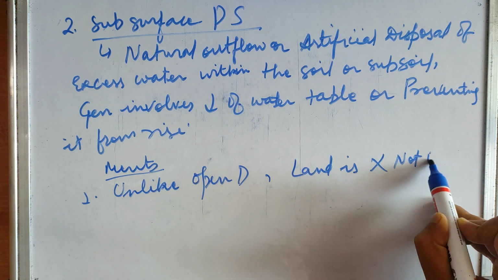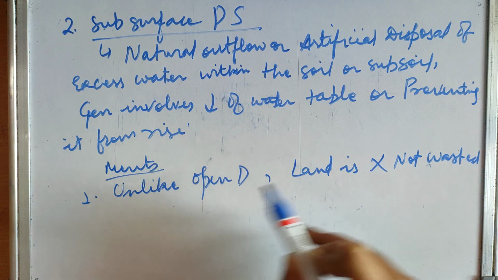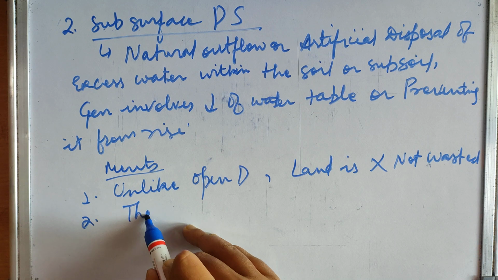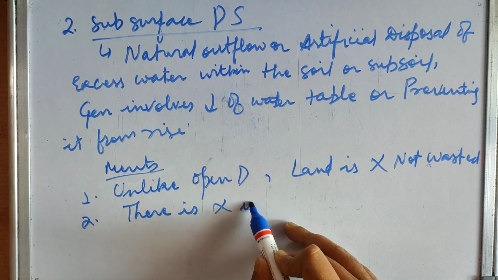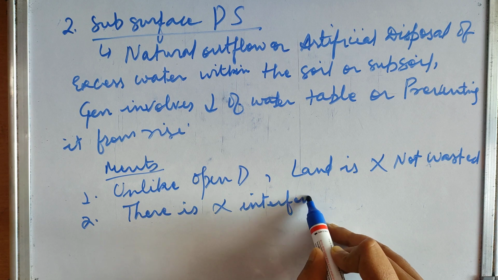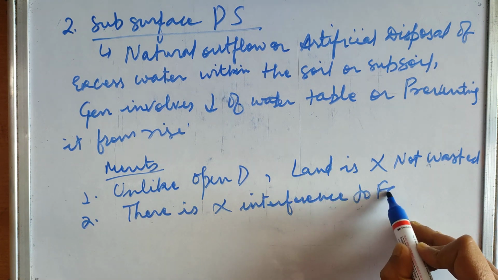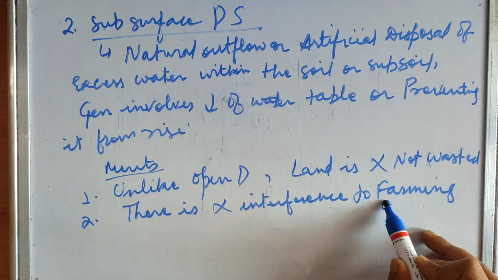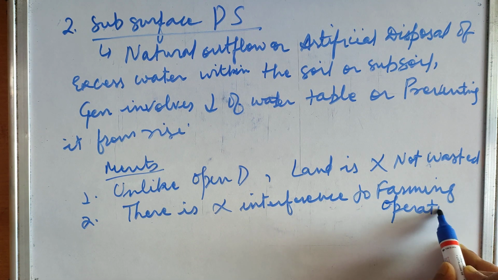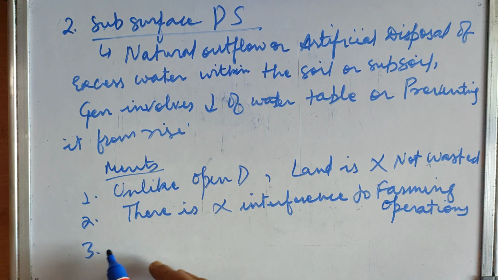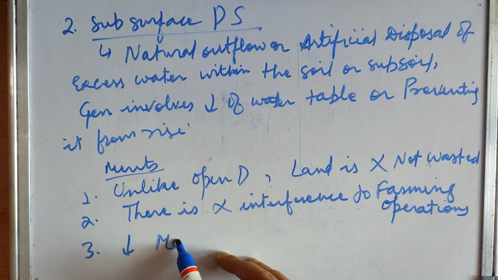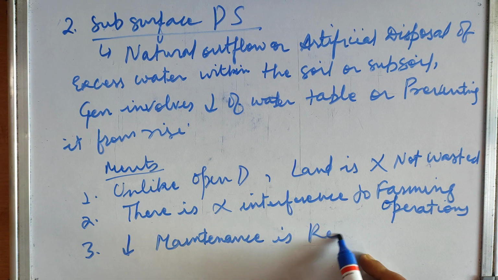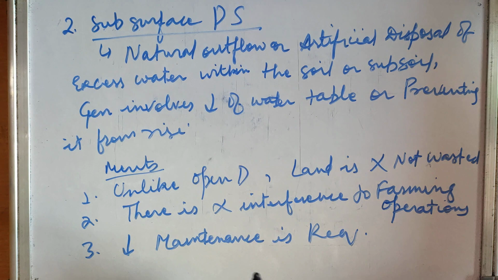There is no interference to farming operations, which was there in the open surface system, and less maintenance is required. So these are the merits of the subsurface drainage system.